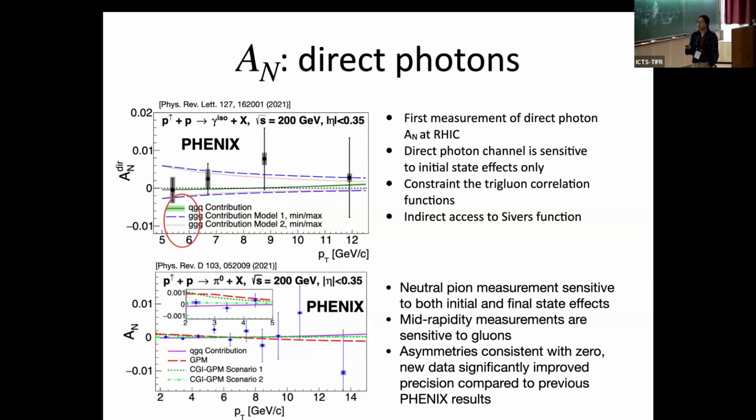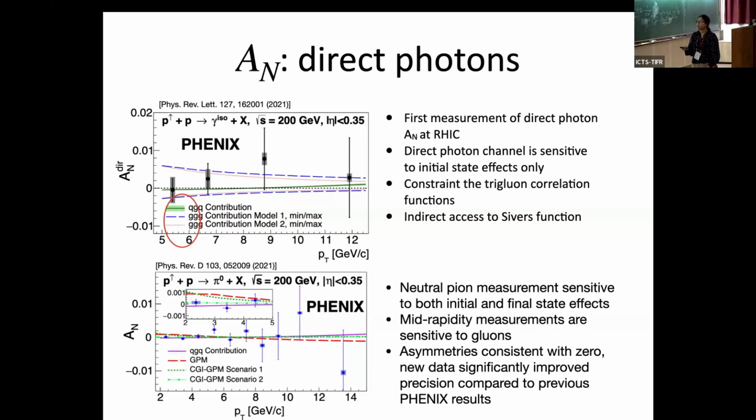And the other measurement is the pi zero production. And the pi zero, compared to the photon production, has both initial state and final state effects because of the hadronization in the final state. And we measure this at mid rapidity, which means around the more central region of the detector instead of the forward region. Both are mid rapidity measurements.